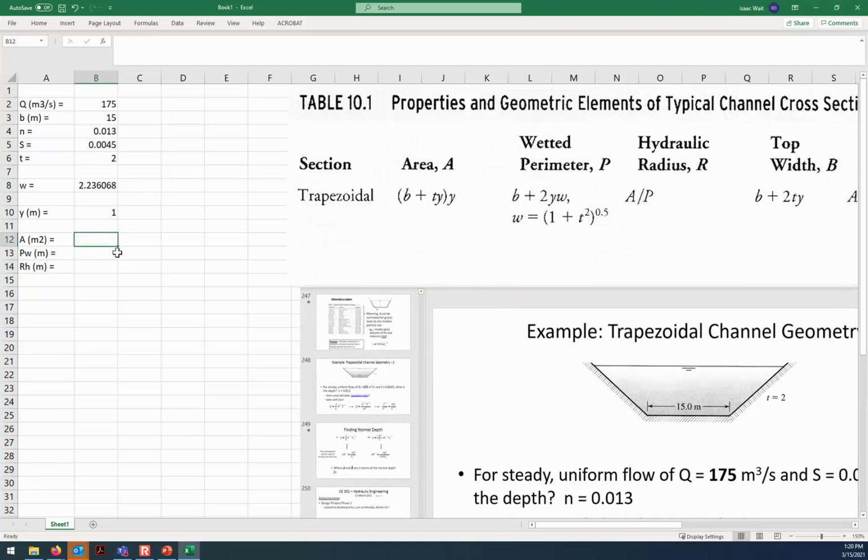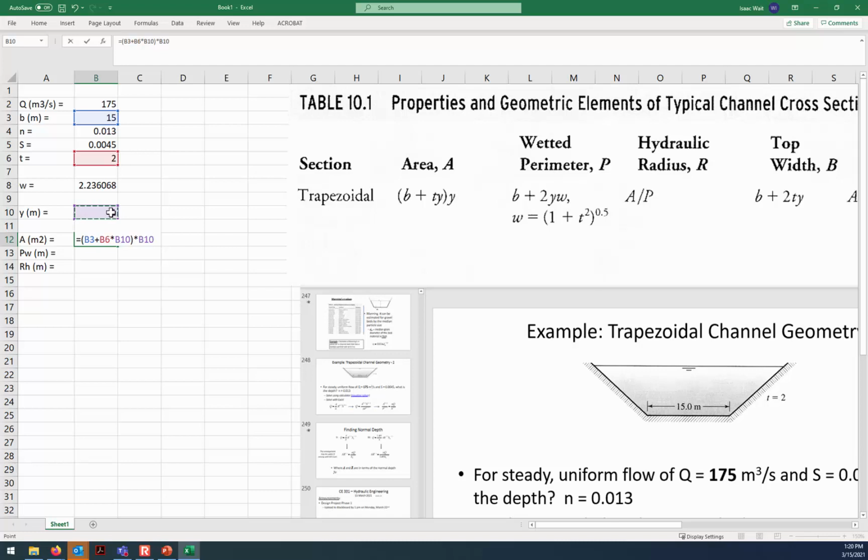So starting with the area. Area is B plus T times Y, and then all of that multiplied by Y. Okay, so the area is B plus T times my guess value of Y, multiplied by Y. Now I don't have to anchor those references because I'm not going to be dragging this formula anywhere else.